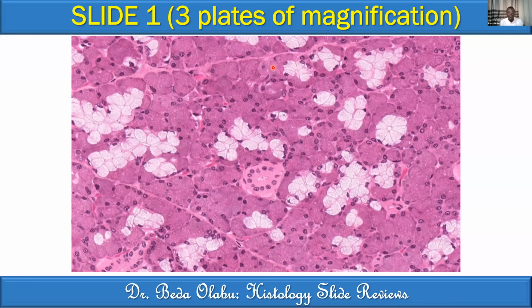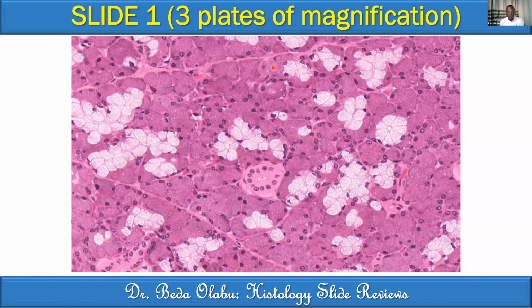Okay. Yeah, so the stroma is now going into the gland and dividing the gland into lobules. I mean, dividing the lobes into lobules. Okay, and then what my colleague just said is that the gland is seromucous. Very good.